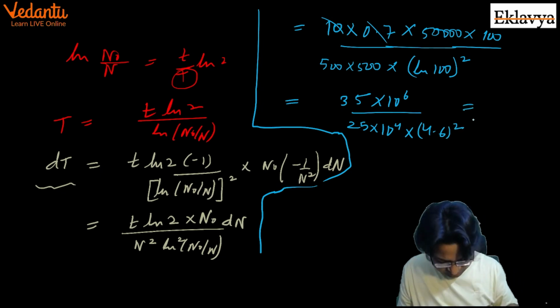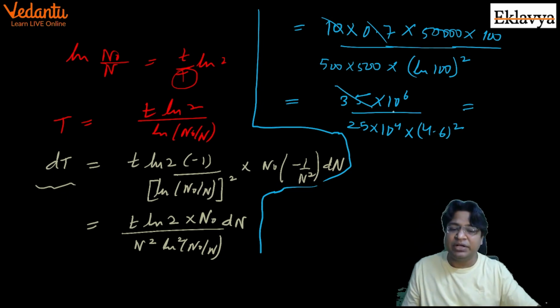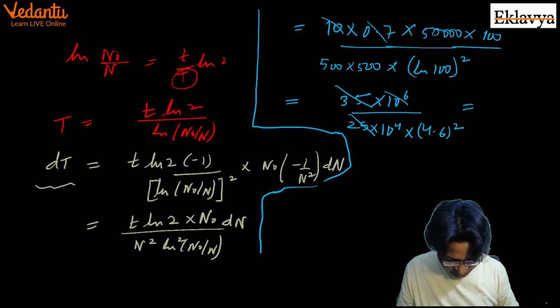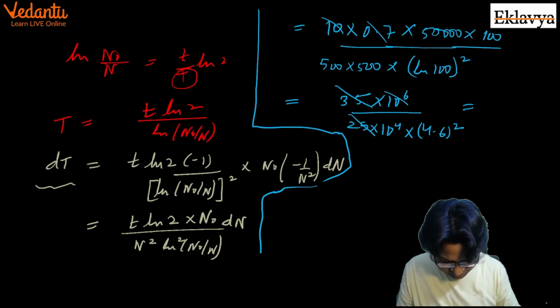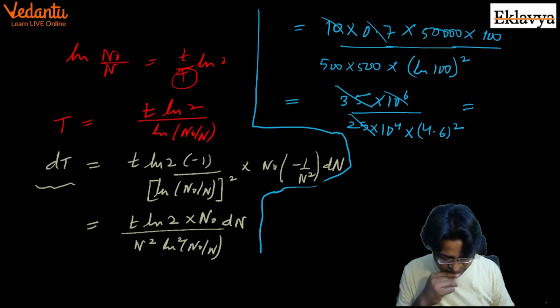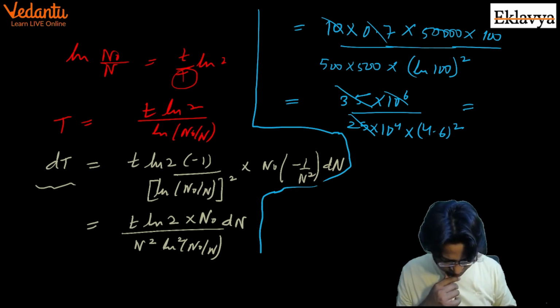So this will become 35 divided by 25 into 100. I've taken care of this, and this. Now I'll divide this number with 10 raised to power 4 and 4.6 square.